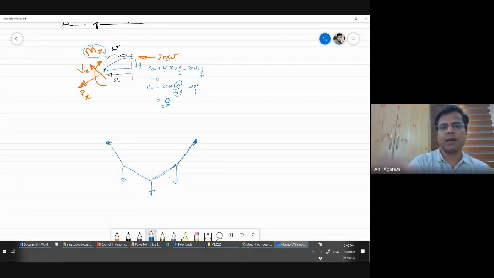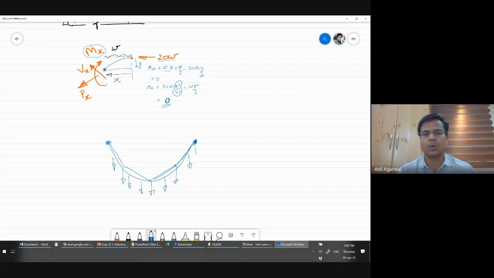Agreed? And if I have more and more weights, then again it will become very similar to what it was originally, a parabola, where the load is acting everywhere. So that is what a parabola looks like.